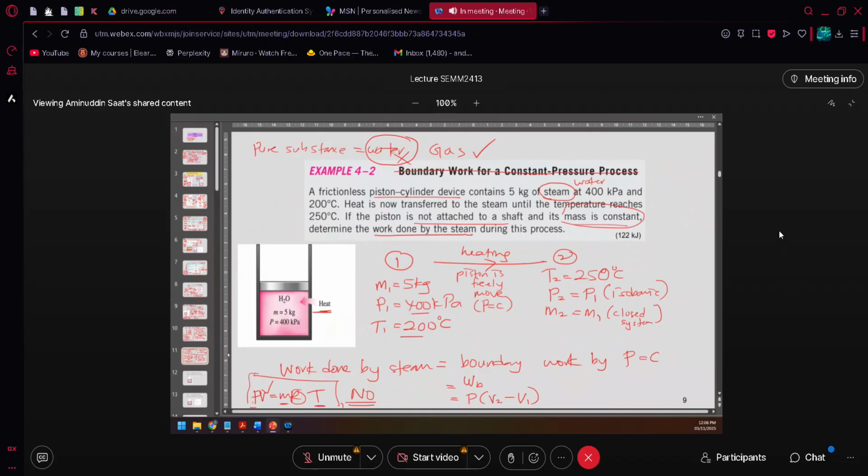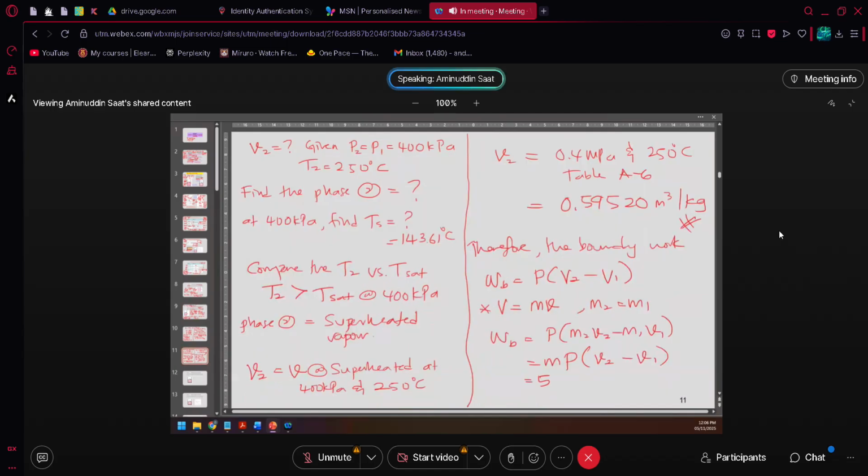5 kilogram. Okay, 5 kilogram, pressure 400 kilopascal, V2 is 0.59520 minus V1, 0.53434.